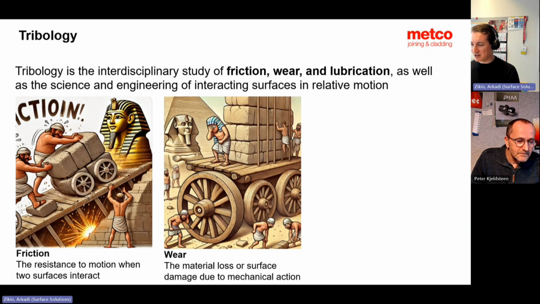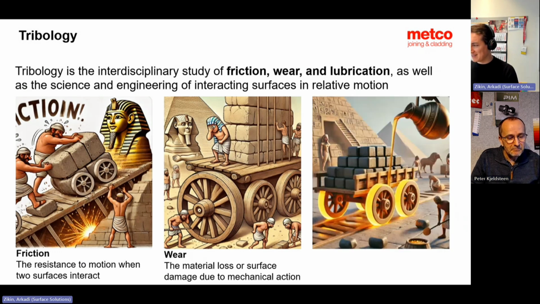It's not friction, it's wear. So the wheels probably are worn, they had some damage. I mean, artificial intelligence is not perfect so far, but in these images I try to keep the Egyptian background, and I asked for a wear image. So it interpreted it as a wear of wheels. Wear is a material loss or surface damage due to mechanical action.